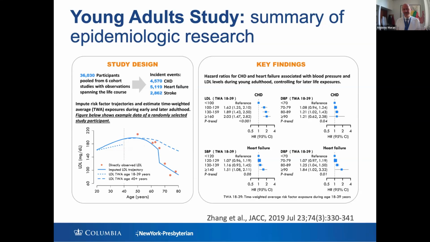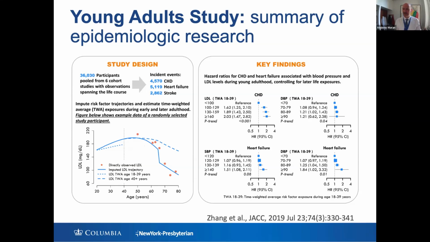And then you see there's a dotted line on the left, and that's showing the time-weighted average exposure to LDL cholesterol during young adulthood. And then the dotted line off to the right is showing the time-weighted average cholesterol at age 40 and older. And so what did we find?